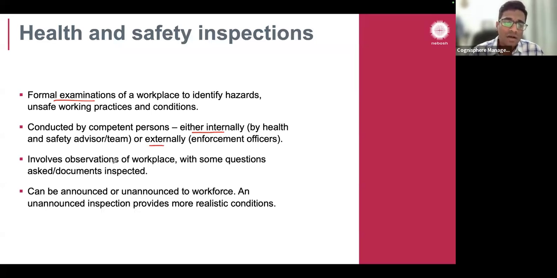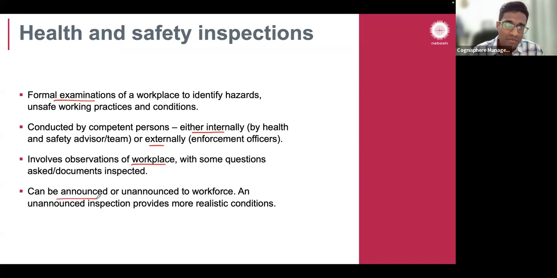It involves observation of the workplace with some questions asked, documents inspected. So it is very general that any inspection is followed by a checklist. Okay, so it is a good practice that the inspectors would use a checklist during their inspections. It can be announced.